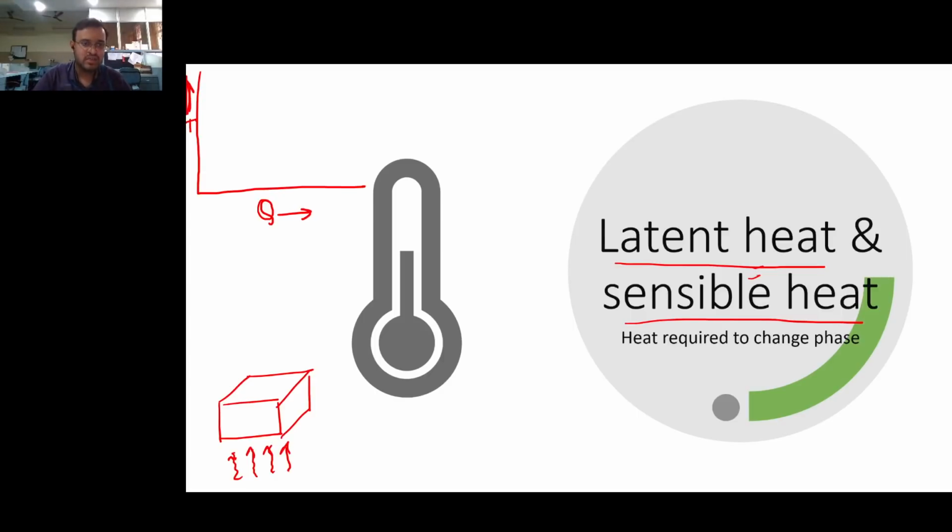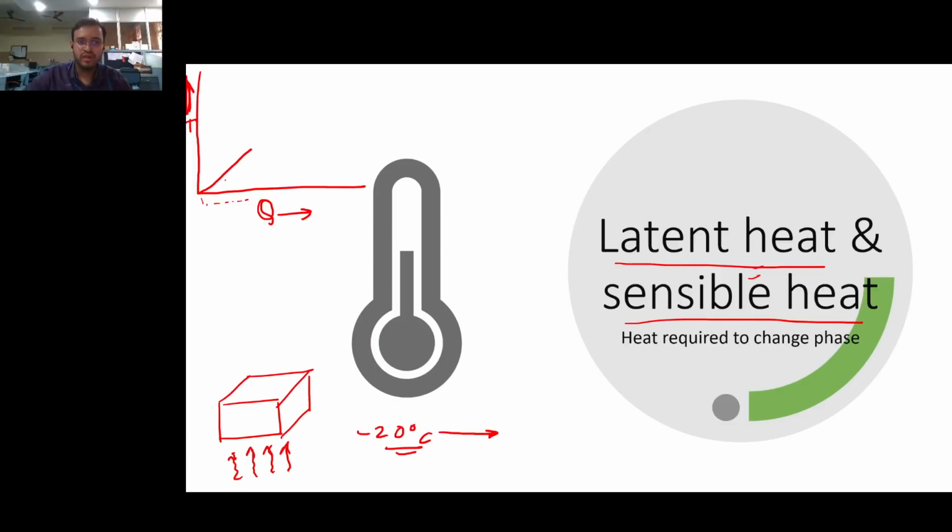Now, as the ice is starting to heat up, let's say the ice is at something like minus 20 degrees Celsius. As you're supplying heat, its temperature starts rising. So you will have some rise in temperature as you increase the amount of heat being added.